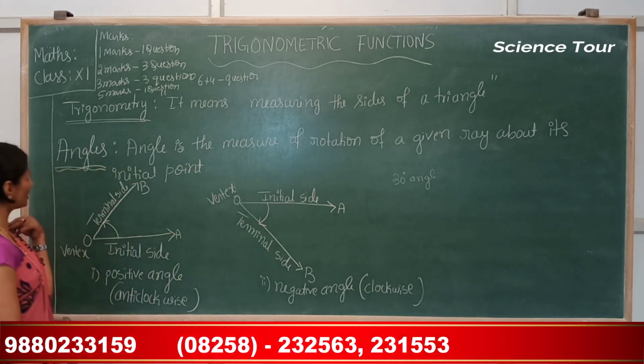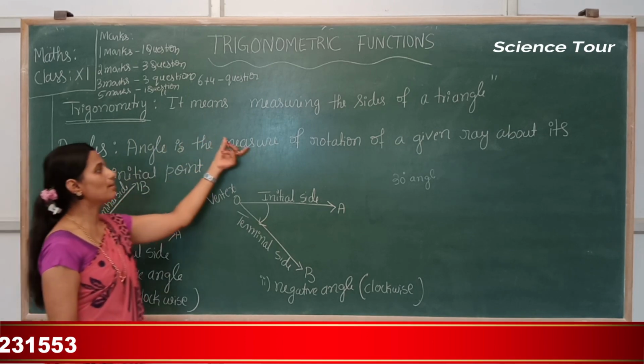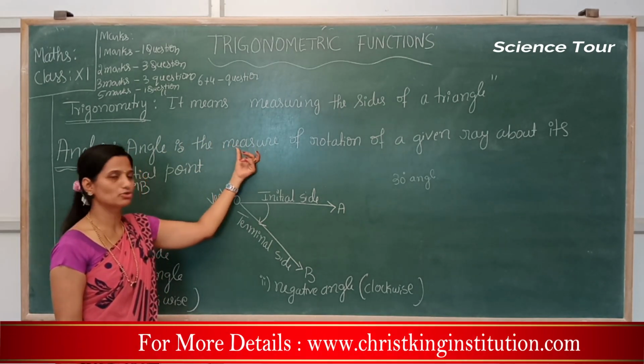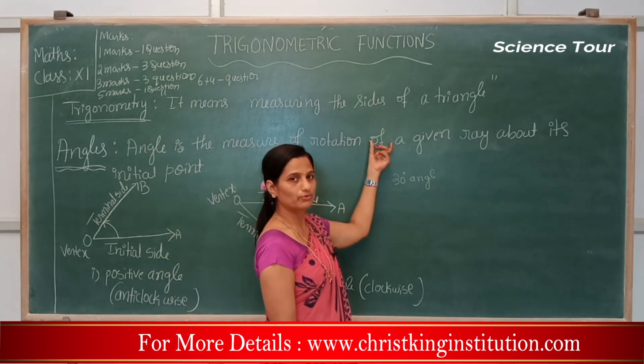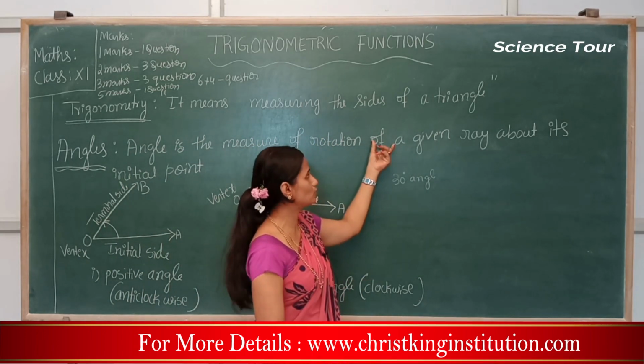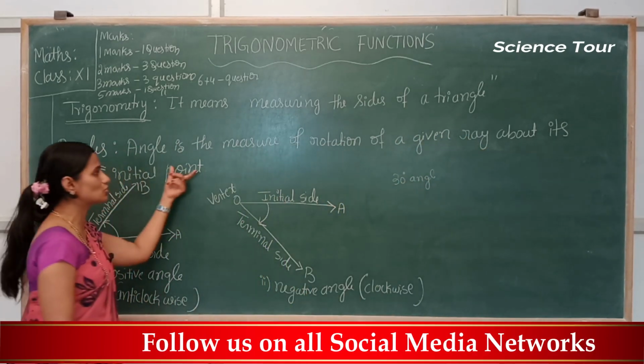Now we'll see the definition of an angle. An angle is the measure of rotation of a given ray about its initial point.